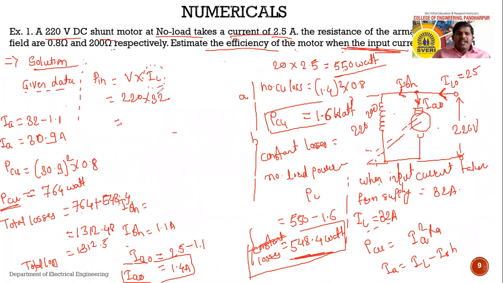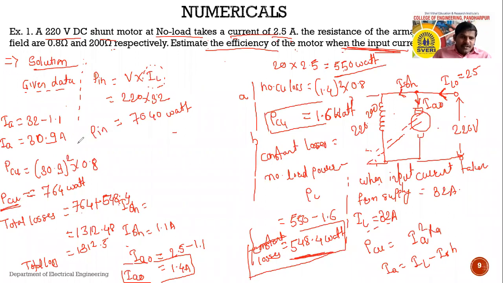So V into I gives us the input power. So all of you calculate 220 into 32. What is the value? 7040. 7040 watt.